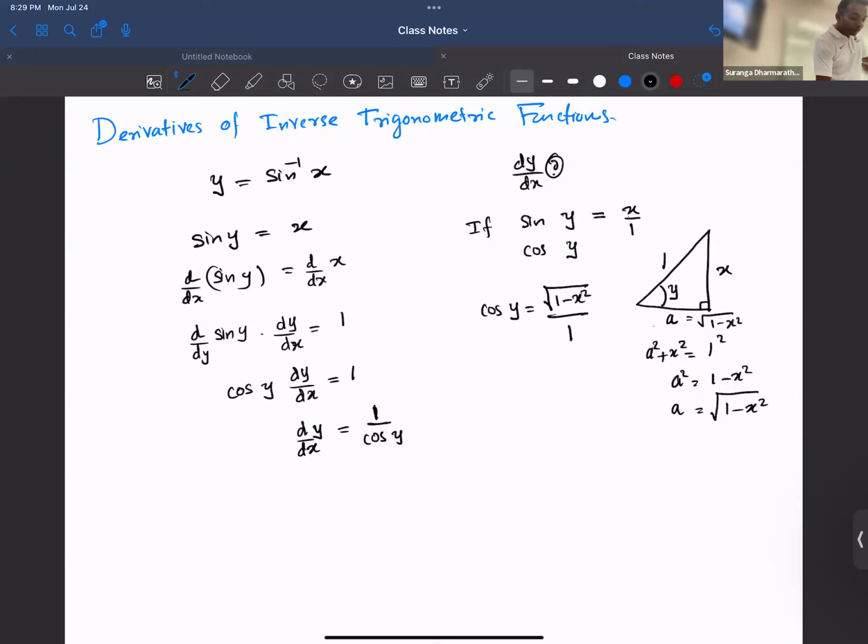So you have dy over dx is equal to 1 over the square root of 1 minus x squared. That means d over dx sine inverse x is equal to 1 over the square root of 1 minus x squared.